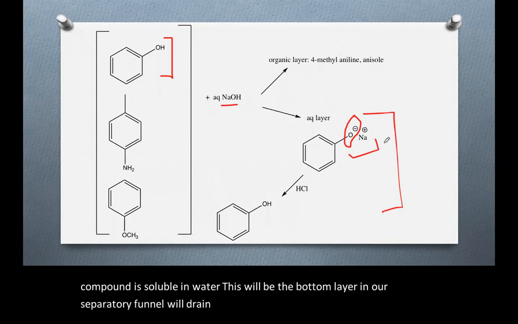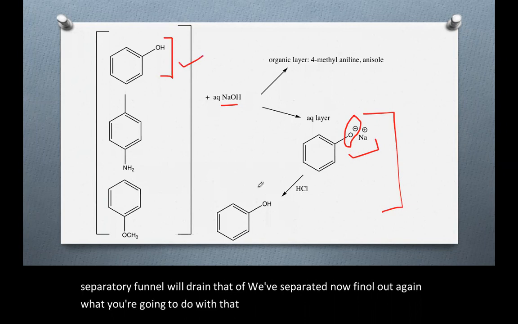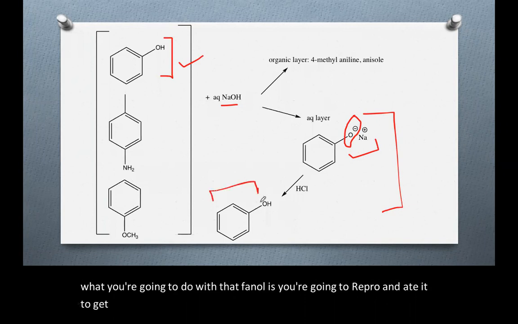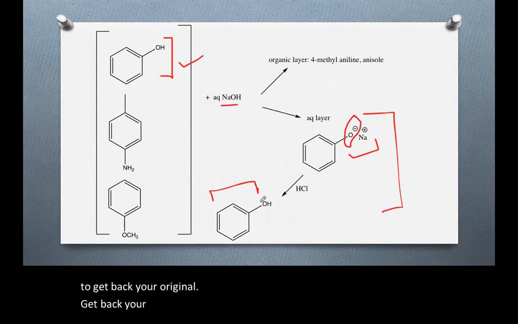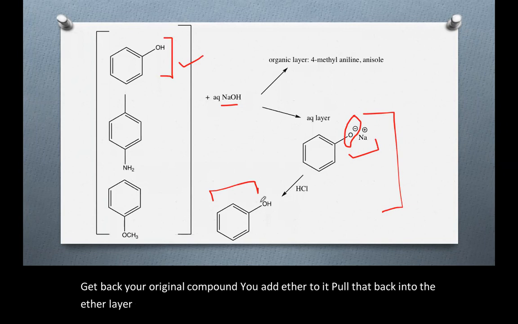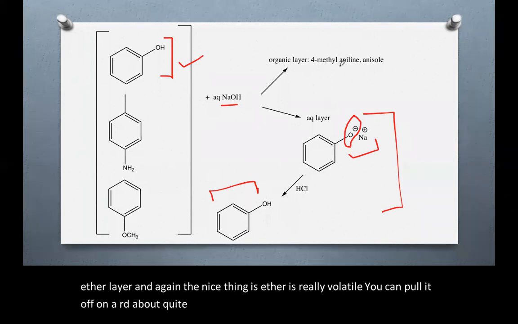We've separated phenol out. Again, what you're going to do with that phenol is reprotonate it to get back your original compound. You'll add ether to it, pull that back into the ether layer. And again, the nice thing is ether is really volatile. You can pull it off on a rotovap quite easily and regenerate your phenol.